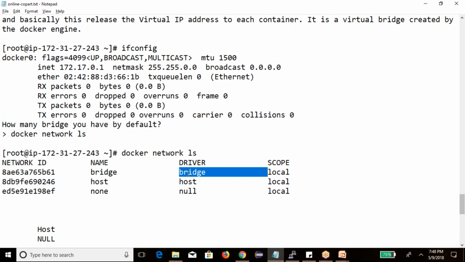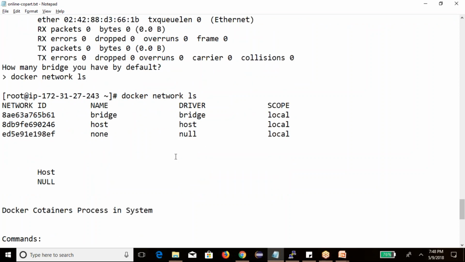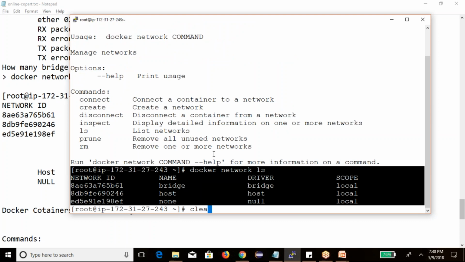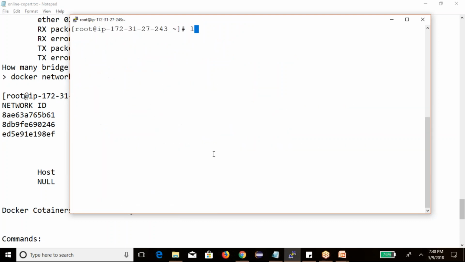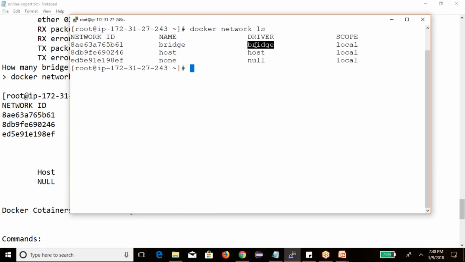Now what is the difference between bridge, host, and null? Let's discover it. I am going to clear the screen, and one more time I'm just going to remind you: a bridge named bridge, host named host, null named null.